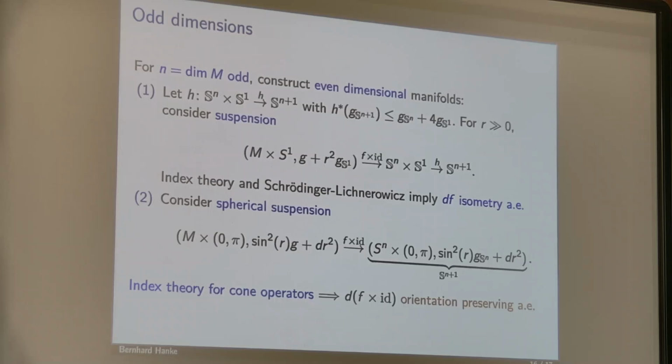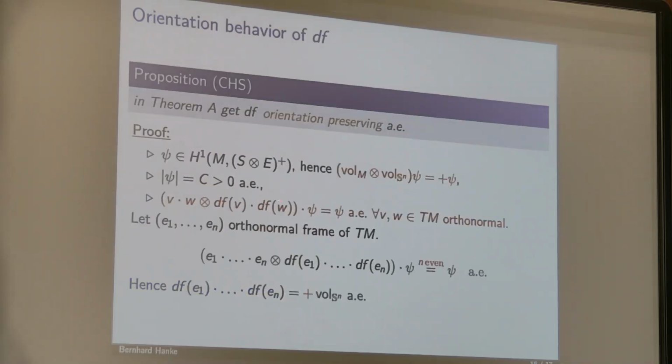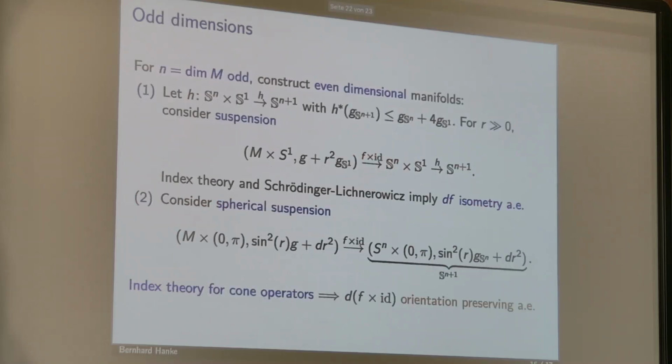This is point 1. Point 2 is a little bit more tricky because we have to use this property here, which really relied on the curvature of the bundle E, which we pulled back from the round sphere. And so we cannot work with such a simple trick here. What we have to do here is take a spherical suspension.